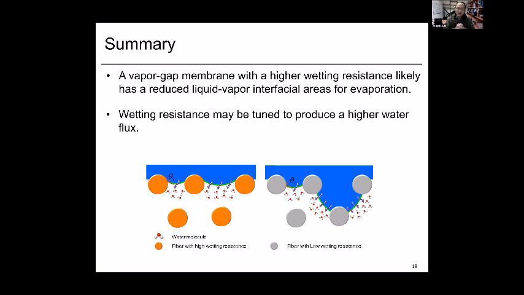And we also believe that when the wastewater surface tension is not that low, and if the value of the surface tension is more or less consistent, then the wetting resistance of the vapor gap membrane can be tuned such that a higher water flux can be produced for a given surface tension of the feed water.